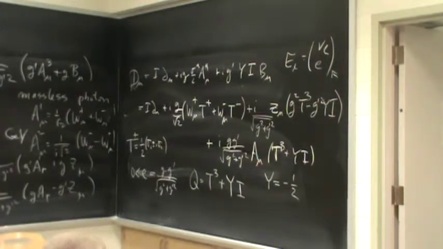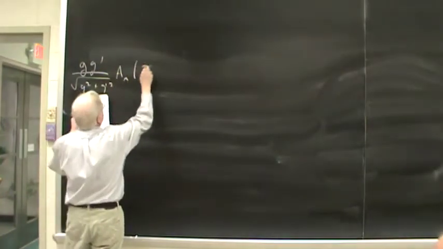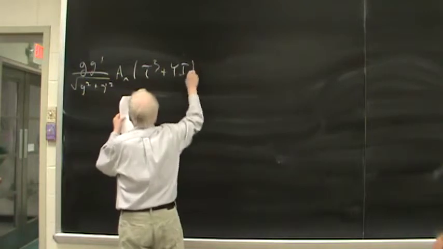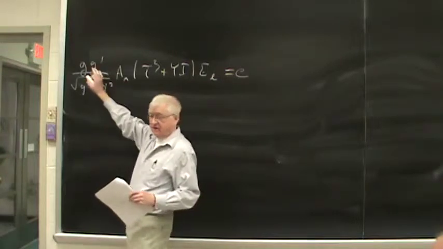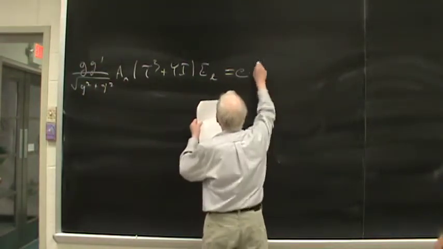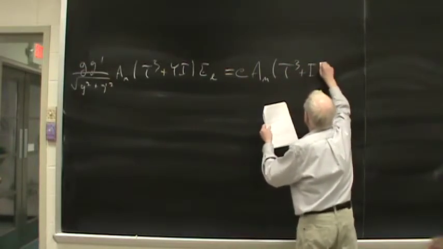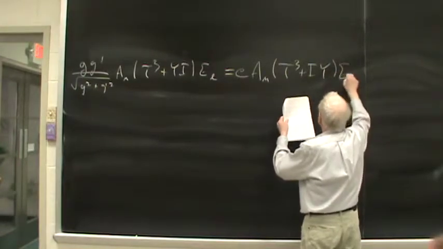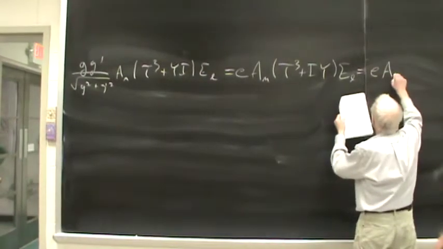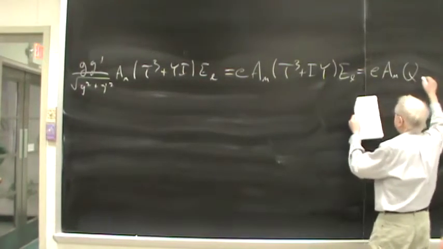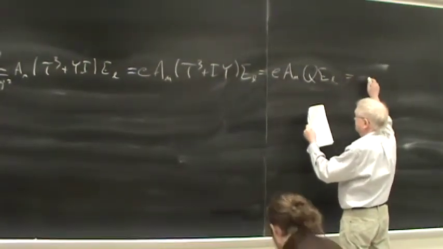it's g prime over the square root of g squared plus g prime squared, A_mu, T3 plus Y i on e_L, which is e, that's this thing, A_mu, T3 plus iY or Yi, e_L. And so this is e A_mu Q e_L, and this is, well, let me write it out.